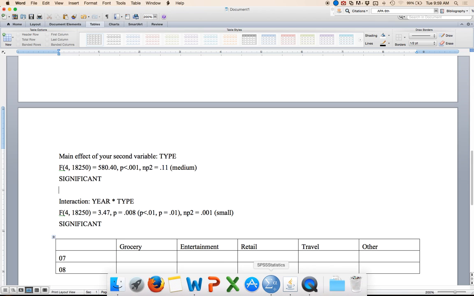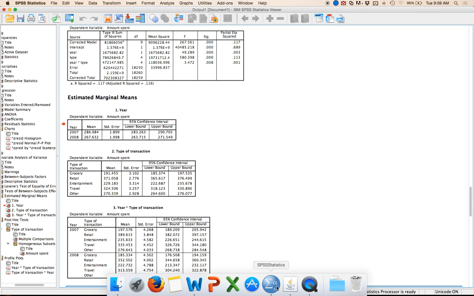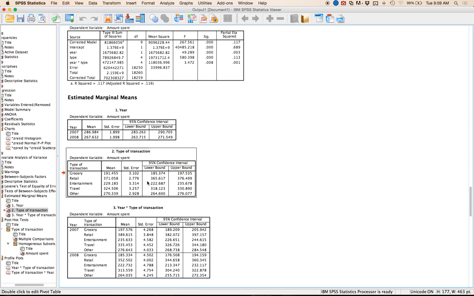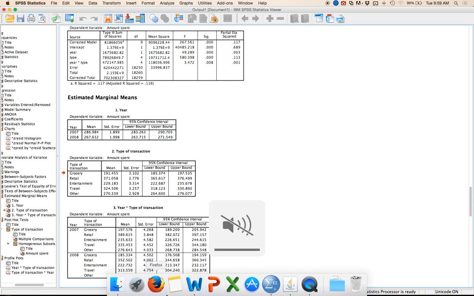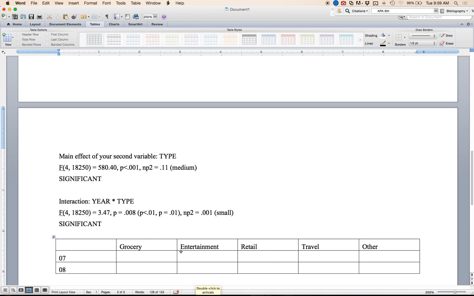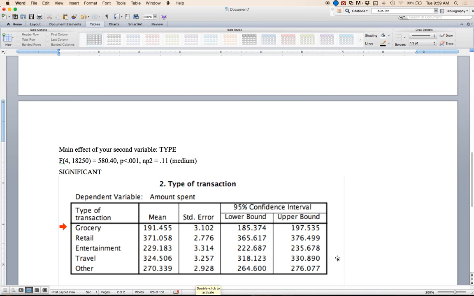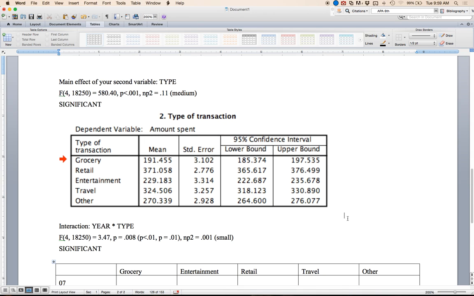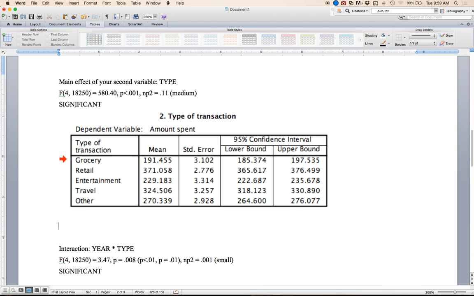On this second main effect, though, I have 5 levels, so it's not that easy. I'm going to copy type of transaction here. Turn off the annoying camera noise. There we go. So I've got my differences in means here.